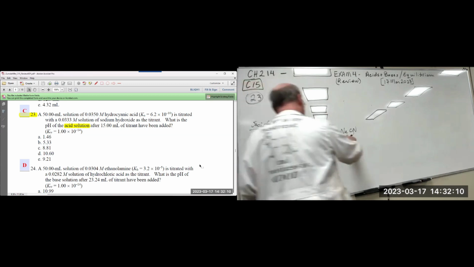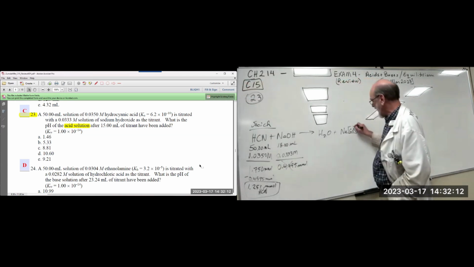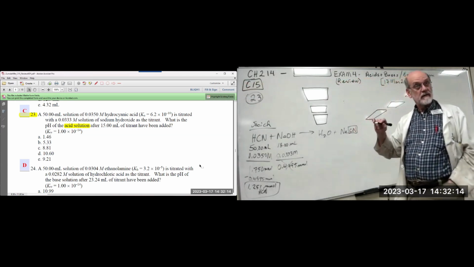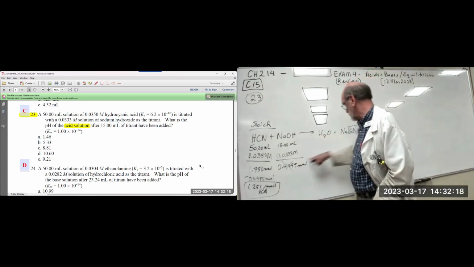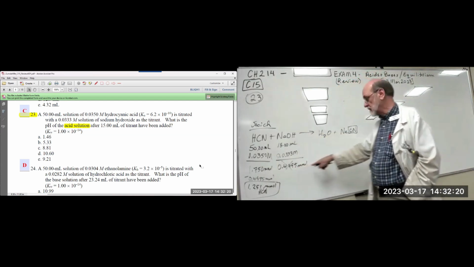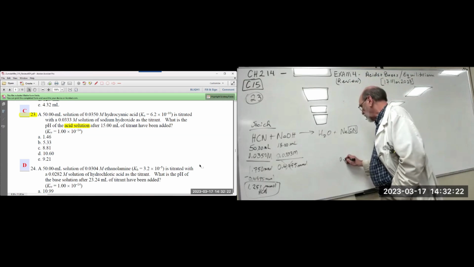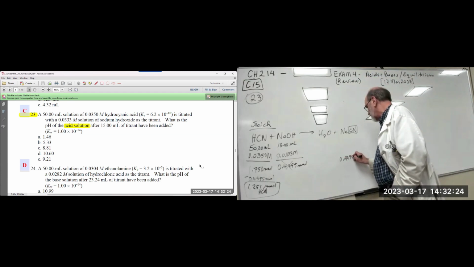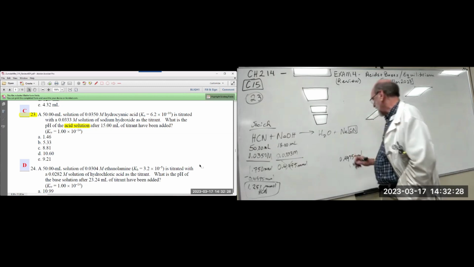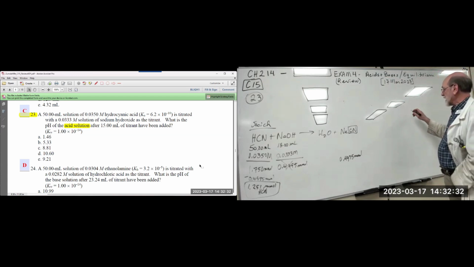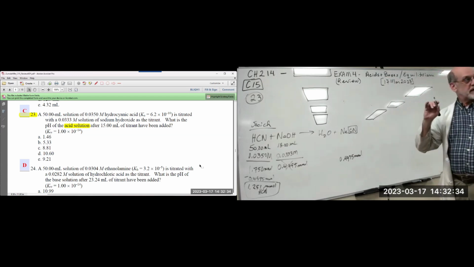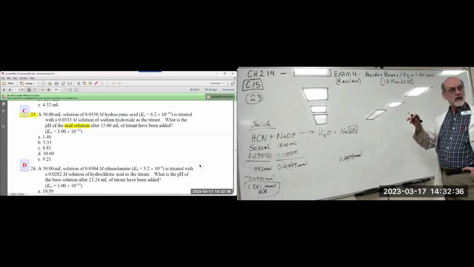How much cyanide was produced? It's exactly the same as the hydroxide used, 0.4995 millimoles of cyanide ion. Now what we're looking at is the equilibrium part.